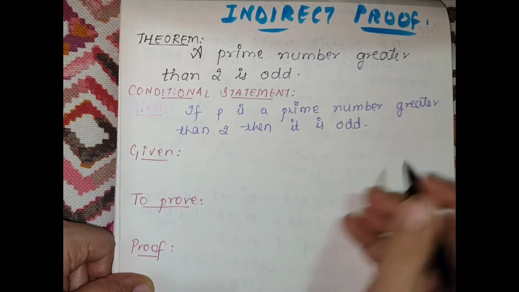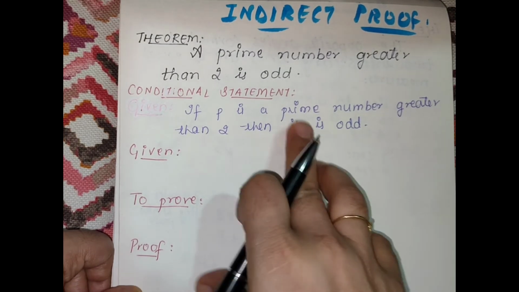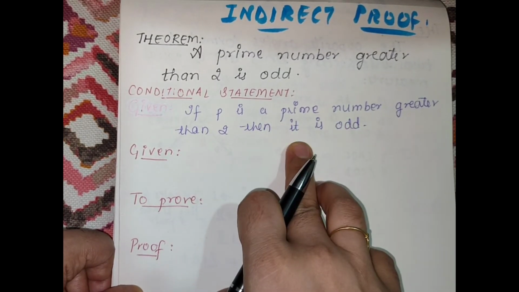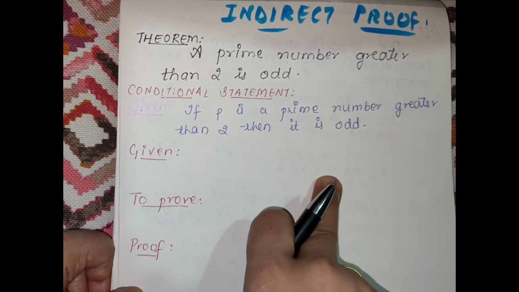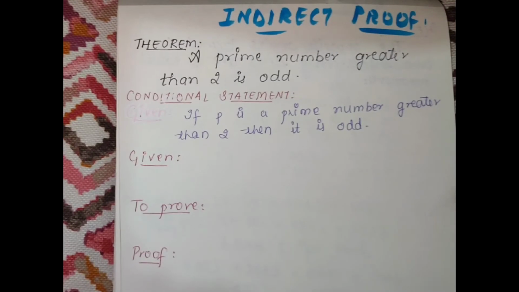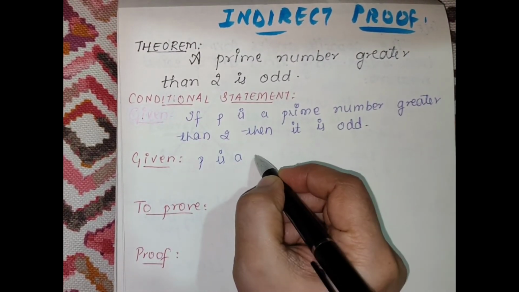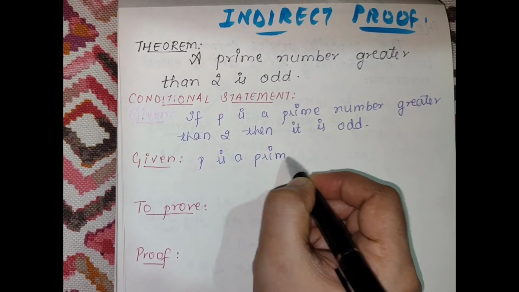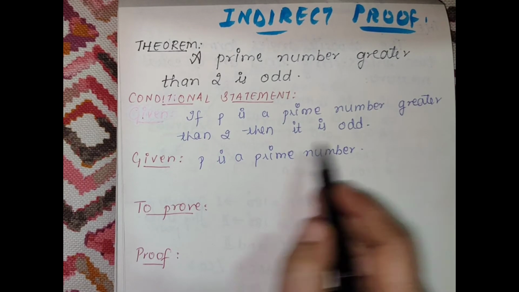So this is the conditional statement, and you have to prove that whichever prime number is greater than 2, it will be odd. This we have to prove. Okay. So now what is the given part? The given part is P is a prime number. This is the given part.